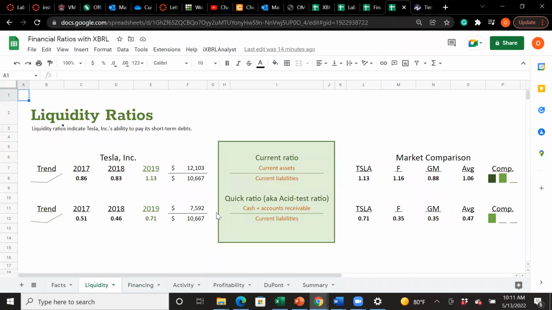It looks as if, just through looking at this, either short-term liabilities decreased and cash and accounts receivable stayed comparable, or current liabilities stayed the same and current assets went up.